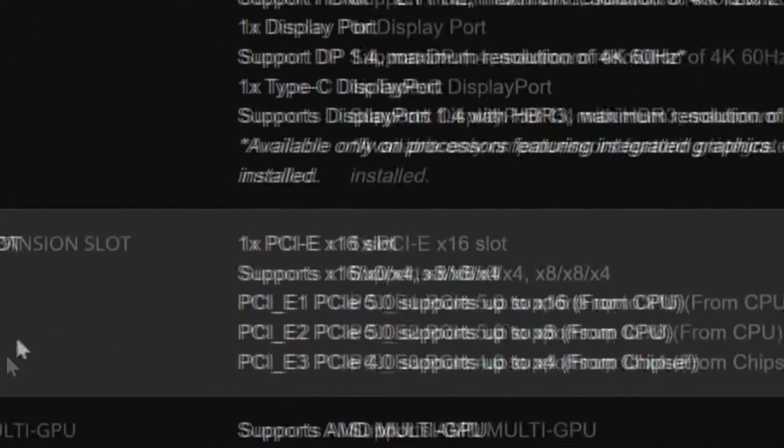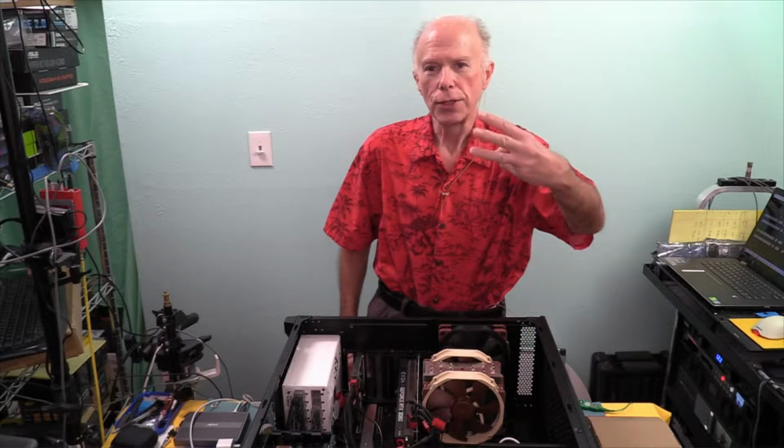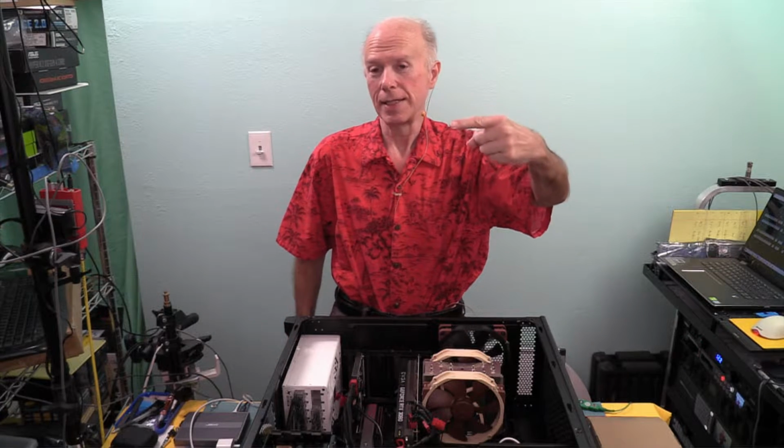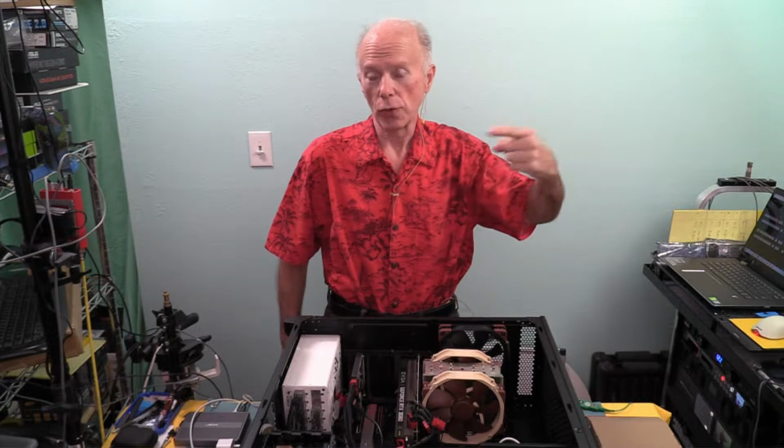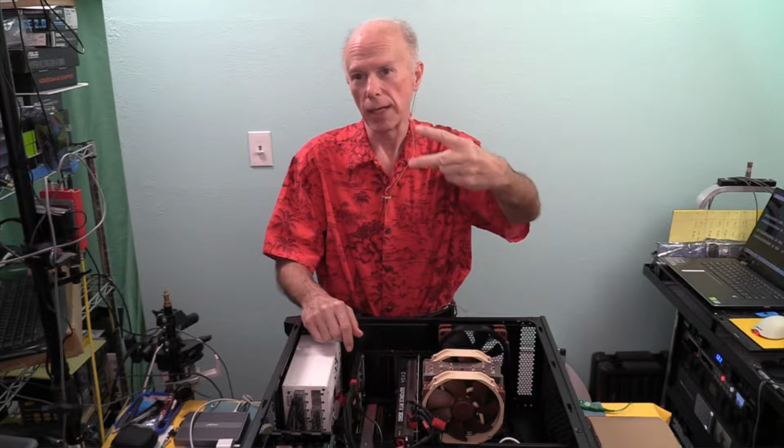Moving on down, our expansion slots, because this is relevant to slots and storage. One PCI Express x16 slot. And if you notice here, the configuration supports x16, x0, x4. What that means is, of those 3 slots, that first slot is 16 lanes. And we're going to see this corroborating information when we get, again, to reiterate, into the block diagram where we have a second slot.